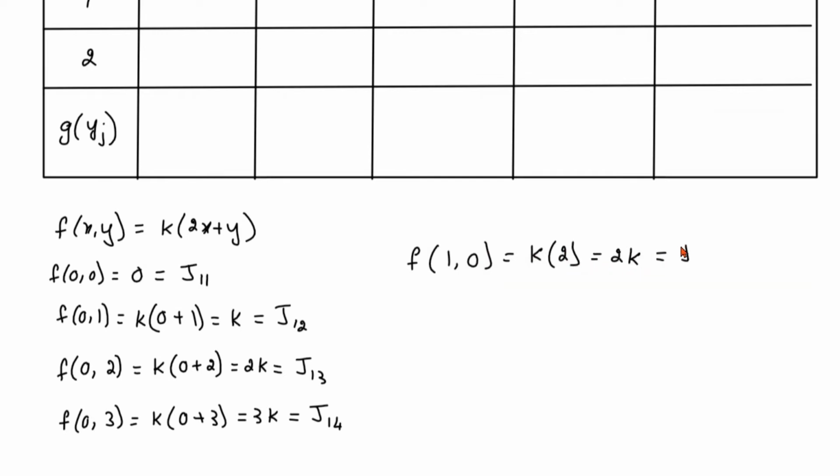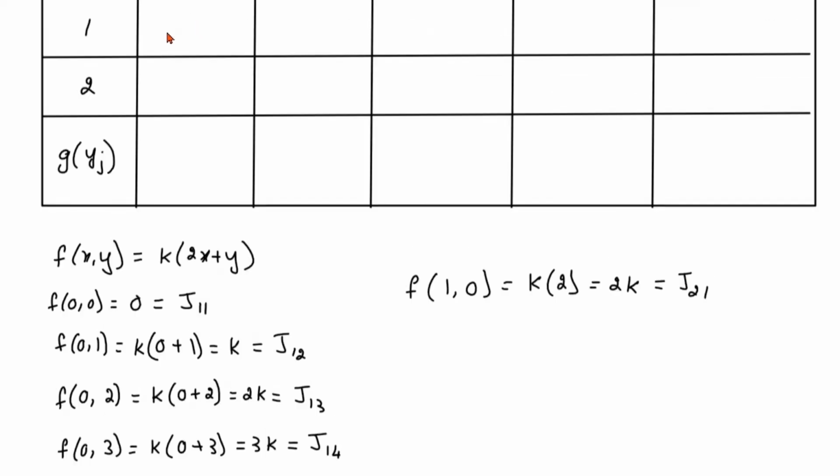This is j21, so j21 equals 2k. Similarly, f of 1 comma 1: x value is 1, y value is 1, so it is 2 plus 1, which is 3 times k. It is j22, so j22 equals 3k.